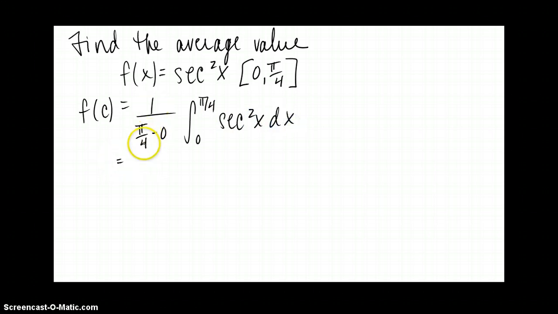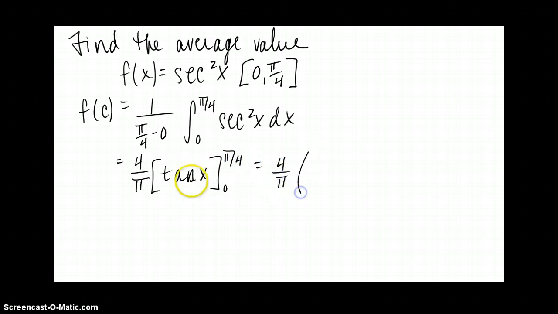Okay, 1 over pi over 4 is equivalent to 4 over pi. Antiderivative of secant squared is tangent x from 0 to pi over 4. So we have 4 over pi. Tan of pi over 4 is 1, minus tan of 0 is 0. So 4 over pi would be our average value.